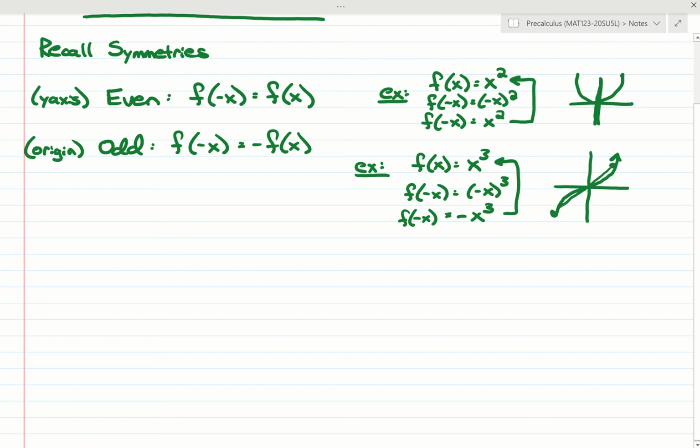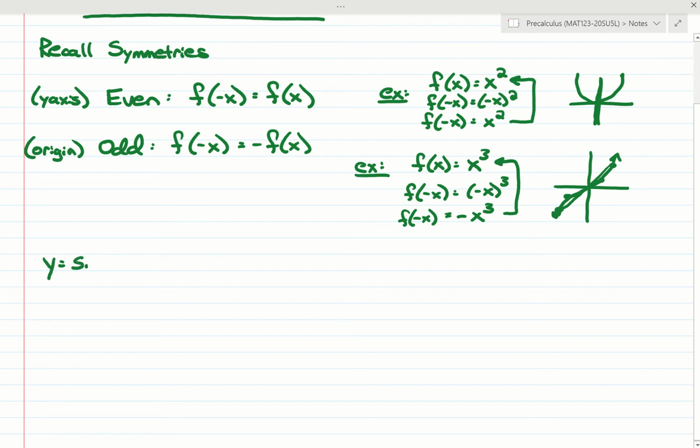If you take any of these points and reflect them over the origin, you get a point on the other graph. It's a little bit harder to see odd functions, but hopefully you understand that. That point goes here, maybe this point goes here. We've talked about that before. So let's look at the graphs of our trig functions.